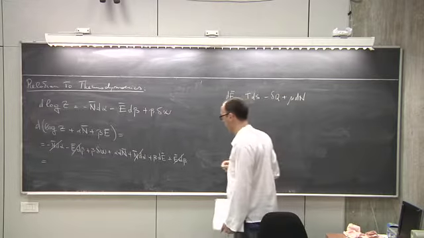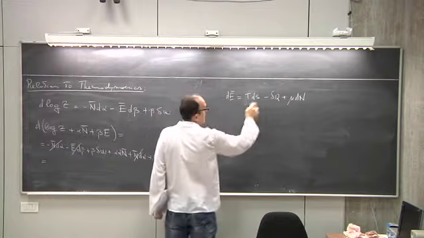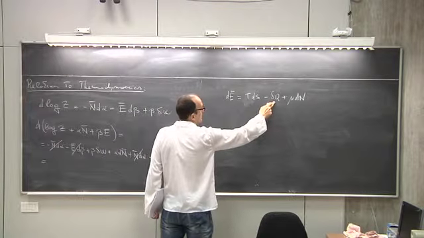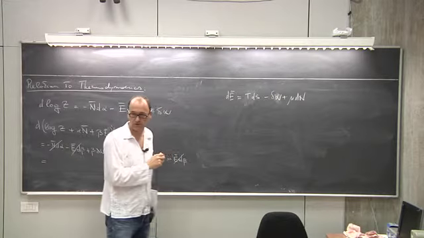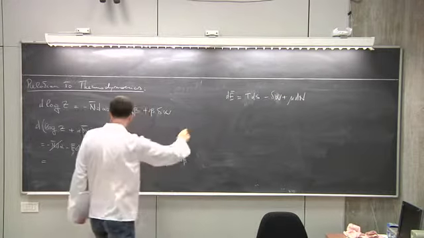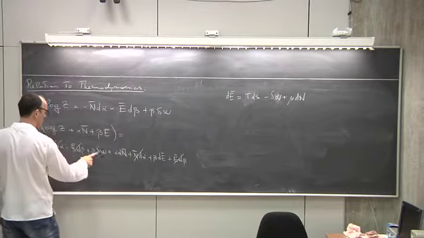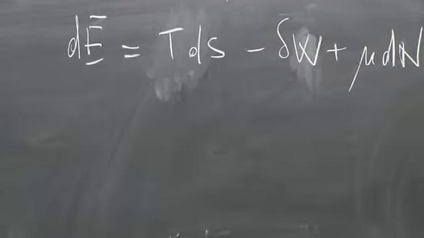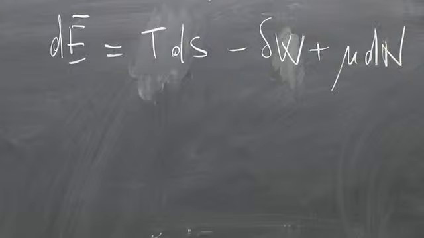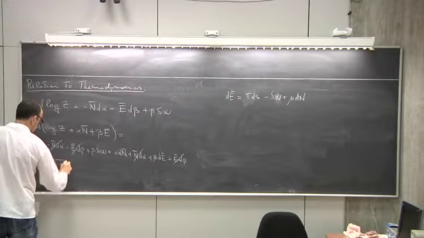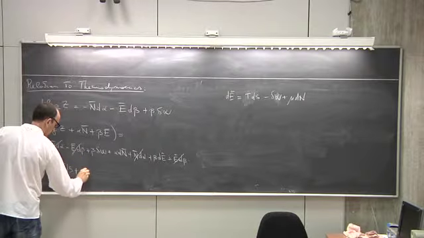So that dW plus dE is equal to TdS plus mu dN.